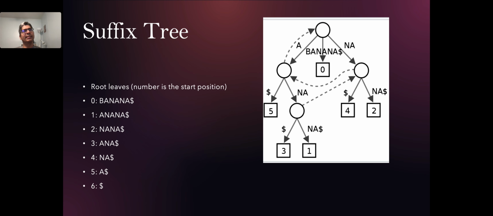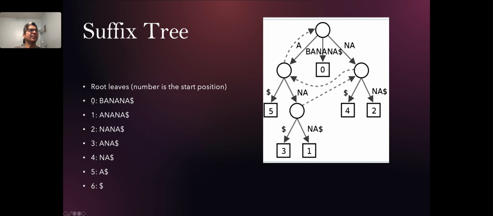For talking about it, let's first introduce the suffix tree. Let's take, for example, this word banana, and list here all the suffixes of the word banana. Let's put an end mark here in banana. Let's give a number to each of the suffixes.